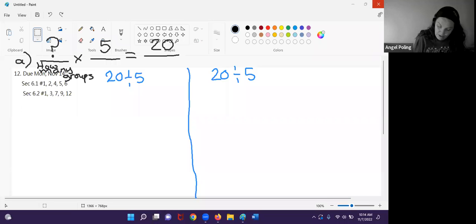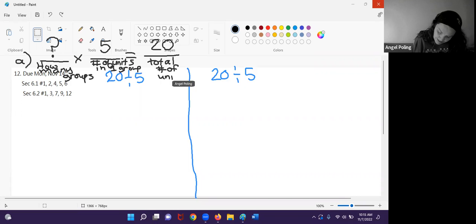However we want to word this, generically, this is number of units in one group for our 5. And for our 20, we're going to have the total number of units.